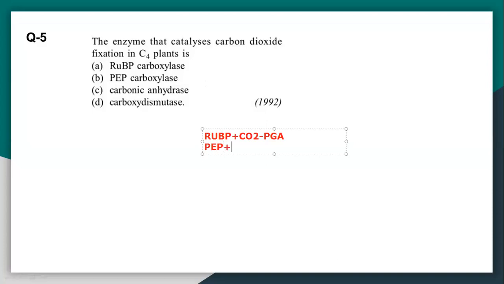Phosphoenolpyruvate plus CO2 produces oxaloacetic acid, OAA, in the C4 pathway. So here the major enzyme is PEP carboxylase. So next question.